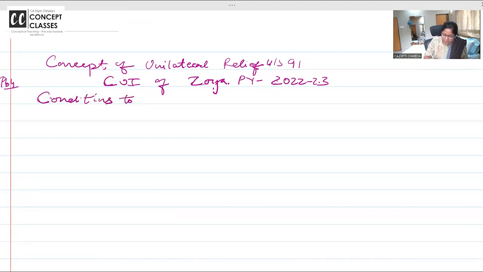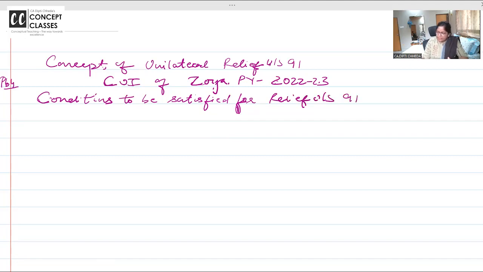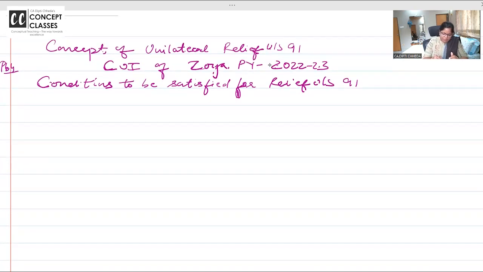Conditions to be satisfied for relief under section 91. What is the condition number 1?